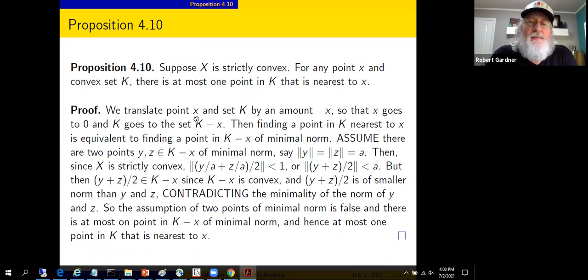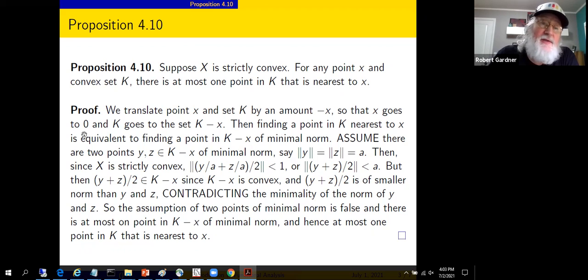So we're going to translate by subtracting X from point X, mapping it to 0, and subtract X from all the vectors in convex set K. So we'll consider the set K minus X. It'll still be convex, but it'll be located at a different place. Then finding a point in K nearest to X is equivalent to finding a point in K minus X nearest to 0.